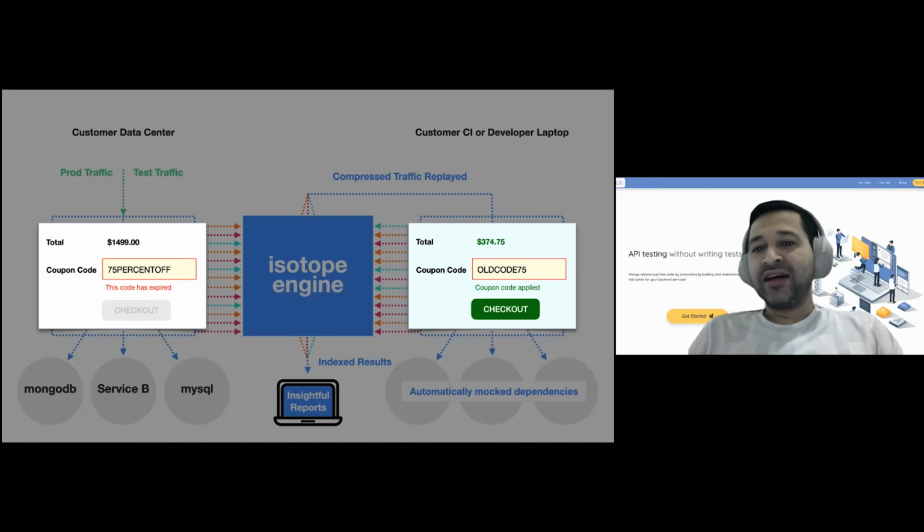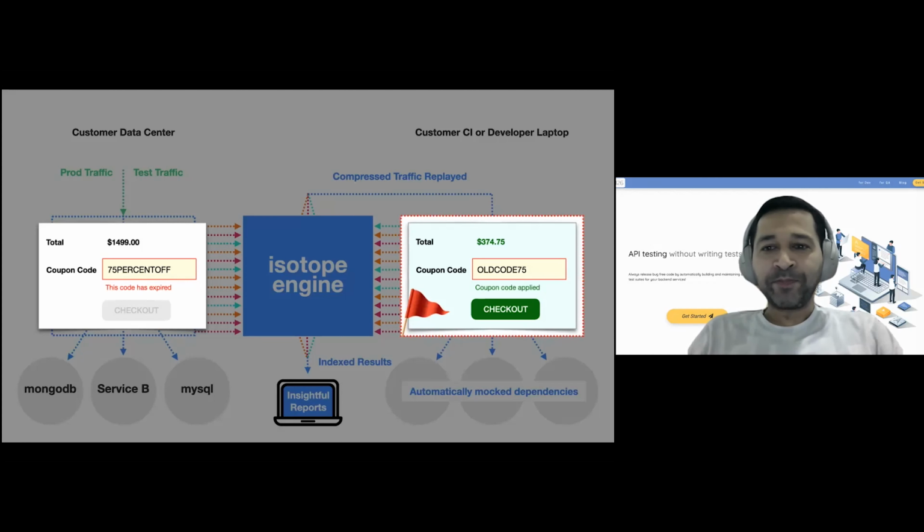The only way they would have found out was if their finance team ran the numbers a month later and asked, how come the transaction volumes are going up, but the revenues are not going up? They estimated that by that time, they would have already hemorrhaged more than $1 million a week. So this was a $4 million bug that they were able to prevent from shipping into production because they had Isotope watching out for them.